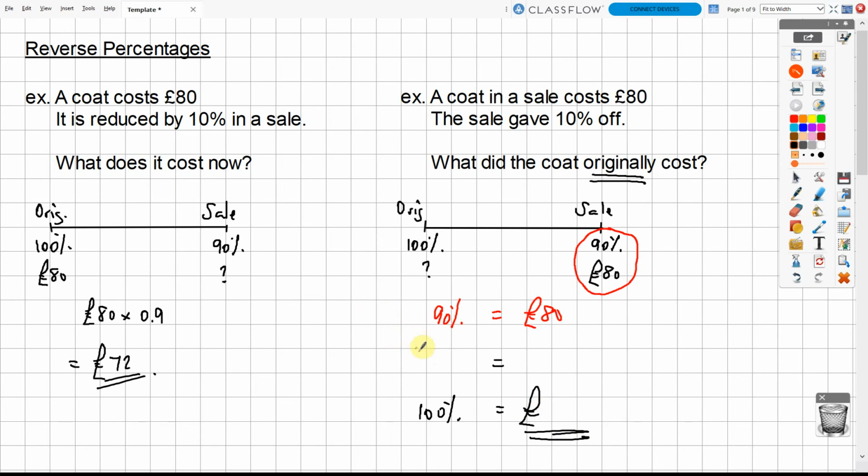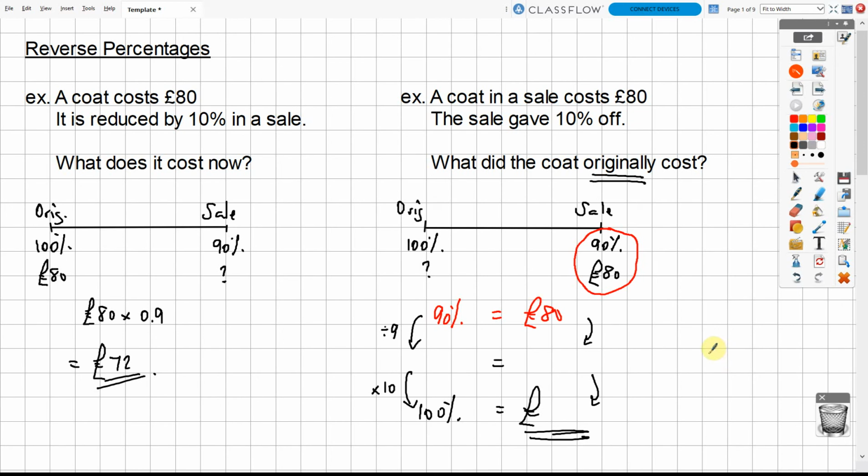Now, if you understand the unitary method, you'll realise that we could divide by 90 and multiply by 100. Although given the numbers that we've got, perhaps it's easier to divide by 9 and multiply by 10. Once you've decided that, then you just have to do the same here.